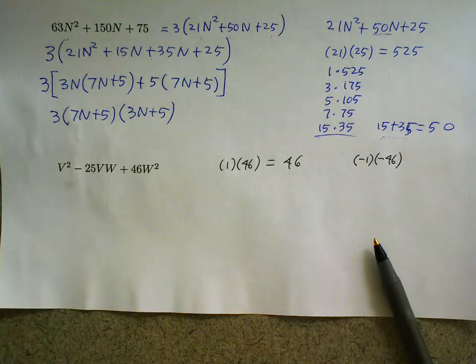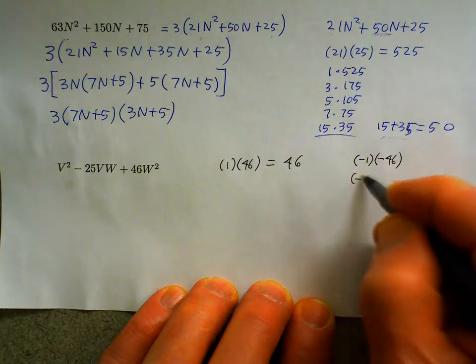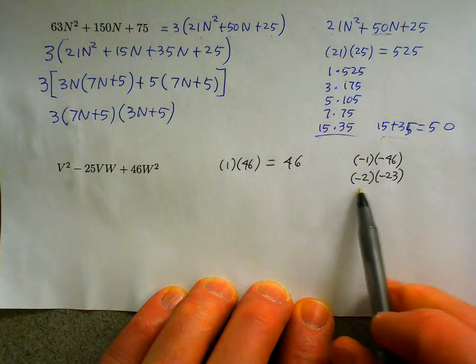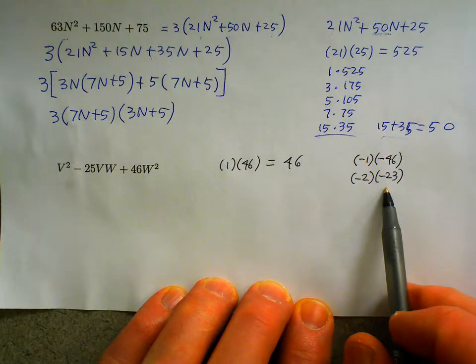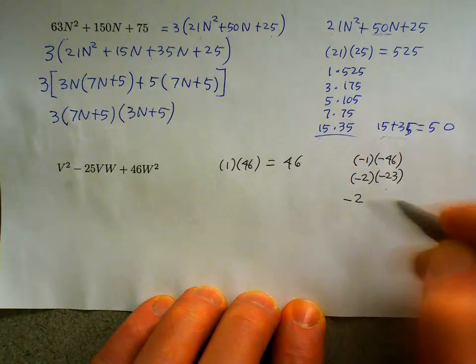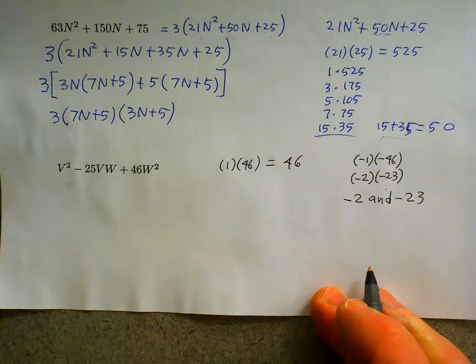Negative 2 and negative 23. Okay, negative 2 and negative 23. Negative 2 times negative 23. And those do have a sum of negative 25. So negative 2 and negative 23 are the two integers we're looking for.